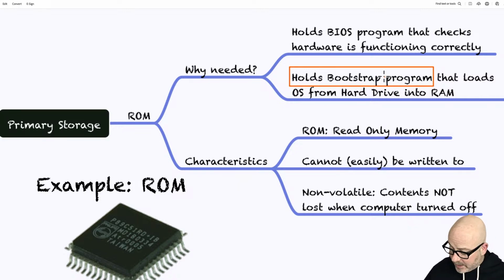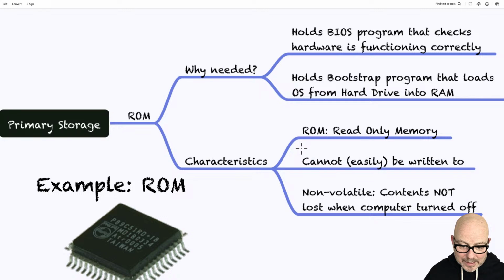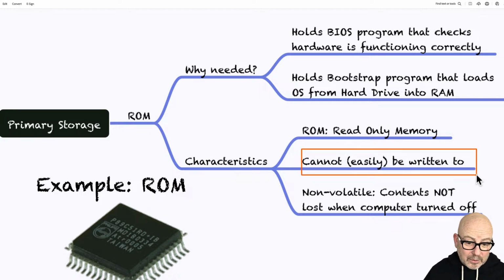So characteristics of ROM. Obviously, you all know this. ROM means read-only memory. Now notice underneath there I've put cannot easily be written to. So it can be written to, because it's called flashing the BIOS when you do it. You can update the BIOS, but it's something that you don't go into lightly.